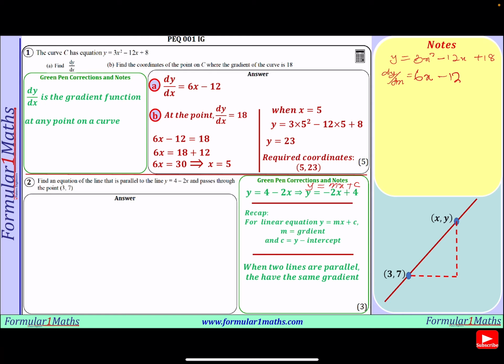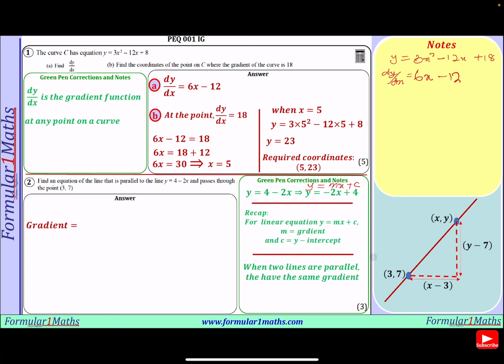Then we go and find the gradient. We know that the height or the rise is y minus 7, and the run is x minus 3. But the gradient is equal to the rise over the run.